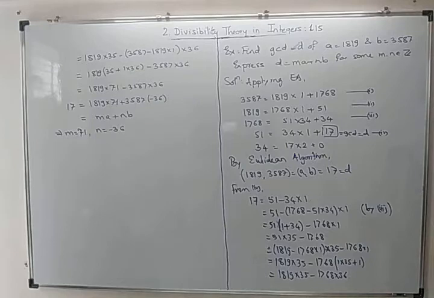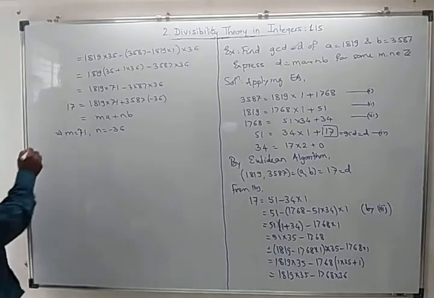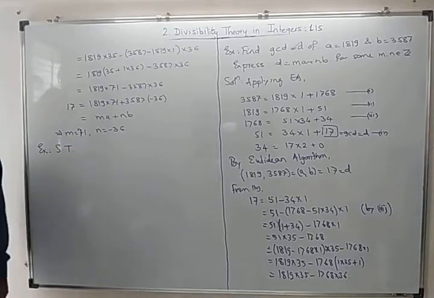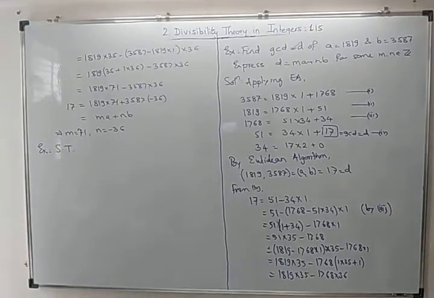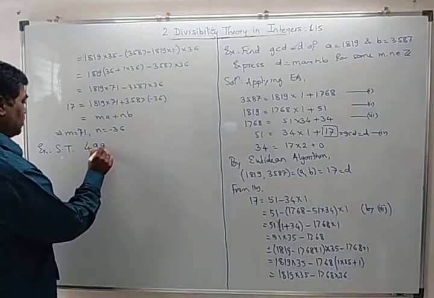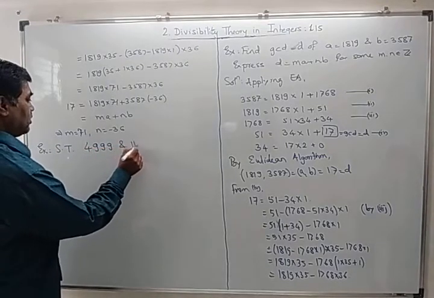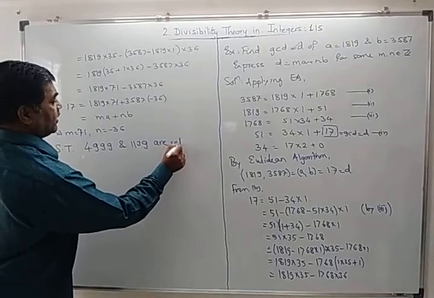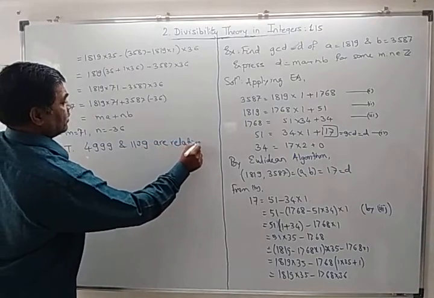Show that 4999 and 1109 are relatively prime. Relatively prime means the GCD is 1.